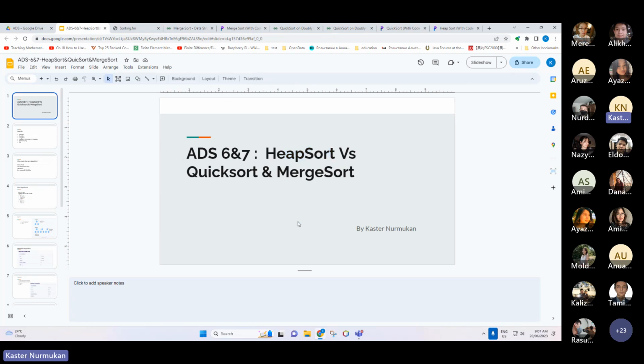As I said before, we have many sort algorithms: heap sort, quick sort, merge sort, insertion sort, and bubble sort. I think you already learned bubble sort in the first course. At that time, you were trying to learn what the algorithm looks like.